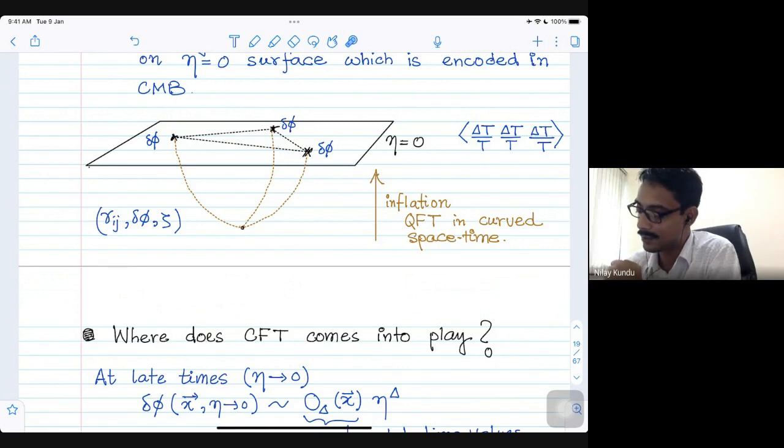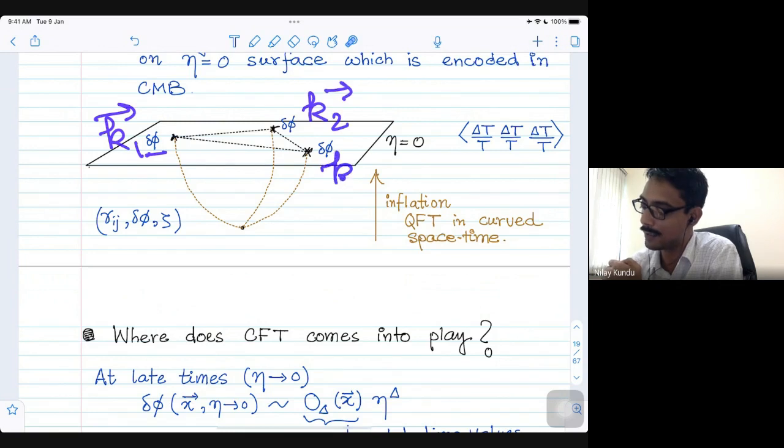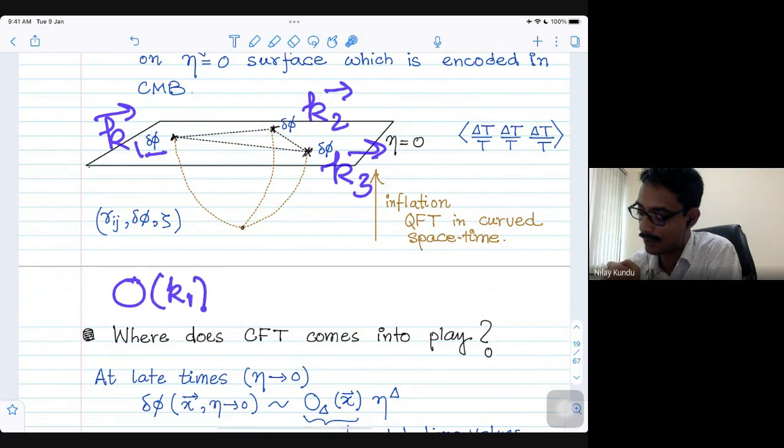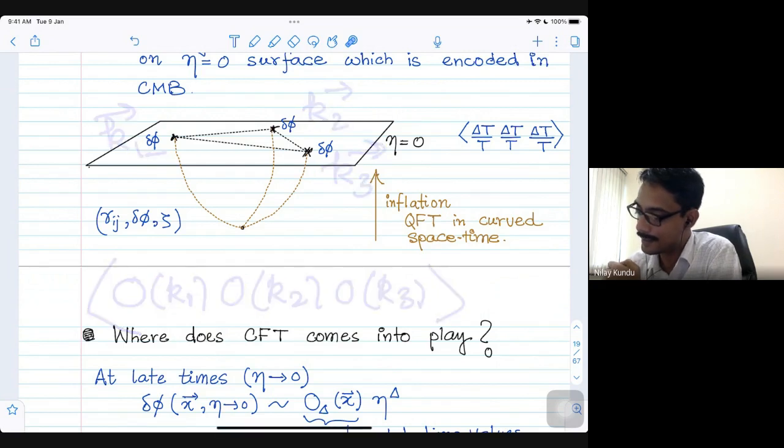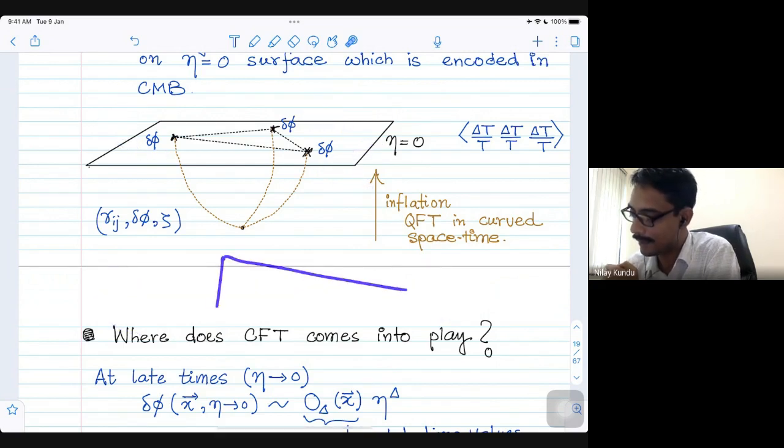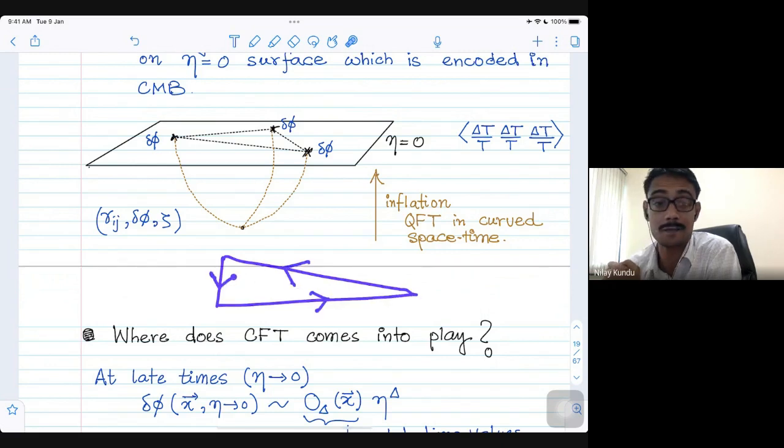If this delta phi has 3-momentum k1, this has 3-momentum k2, this has 3-momentum k3, then let me write these correlation functions as O(k1) O(k2) O(k3), and this is given by a triangle where this is k1, this is k2, this is k3.